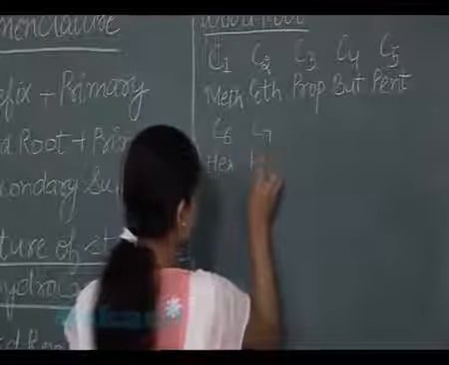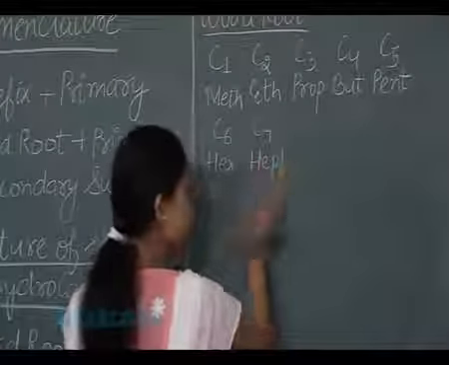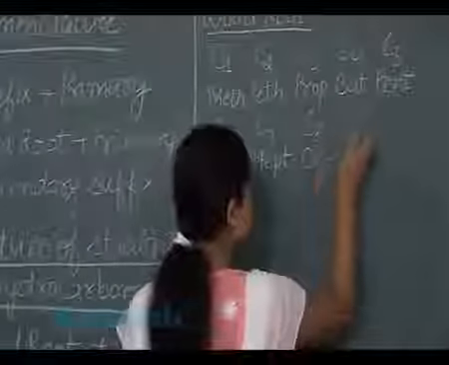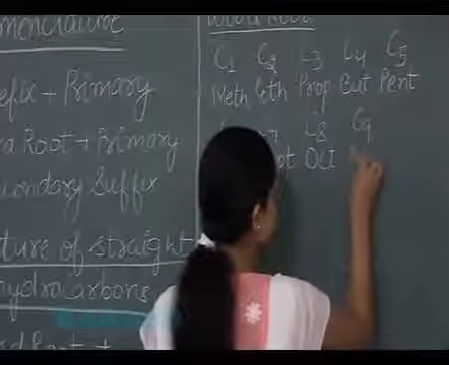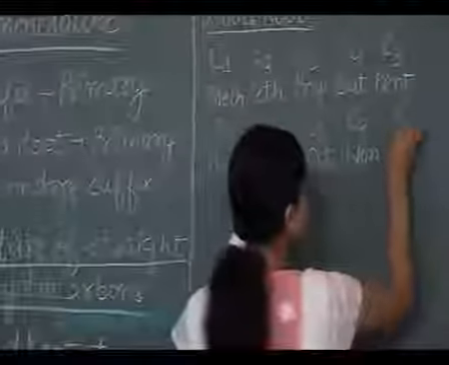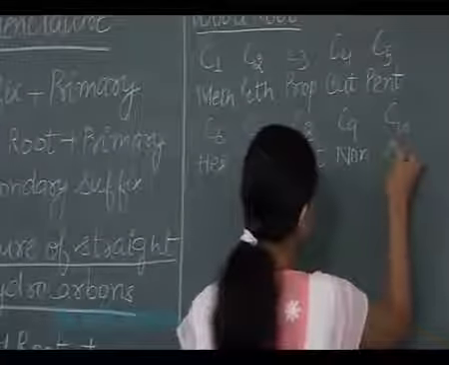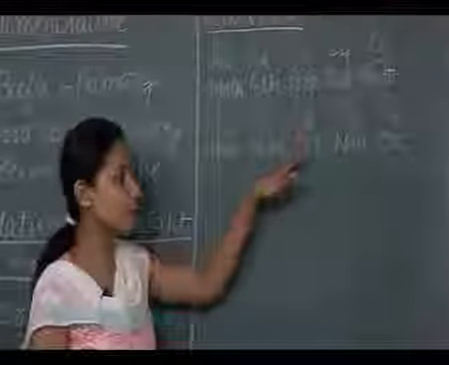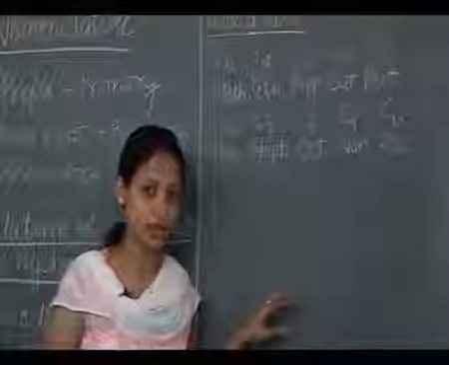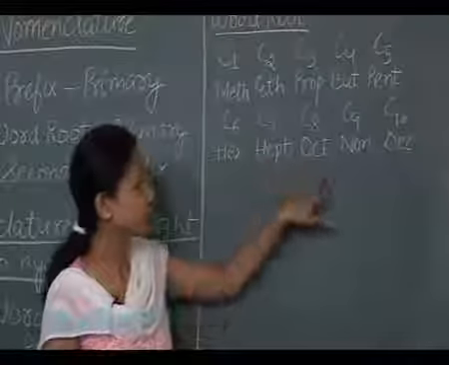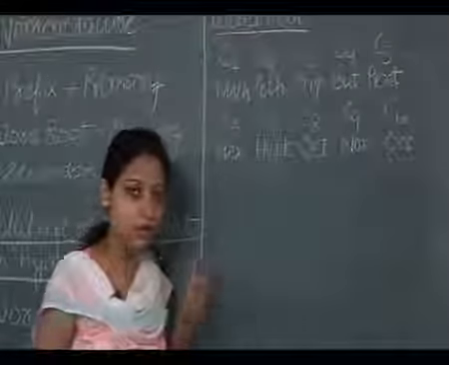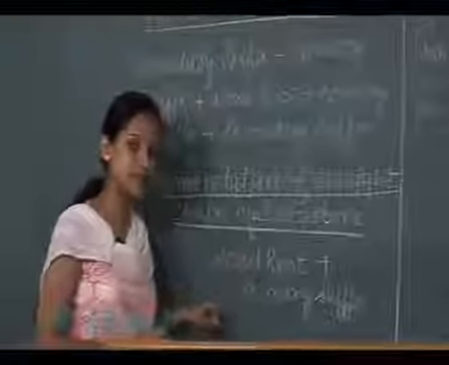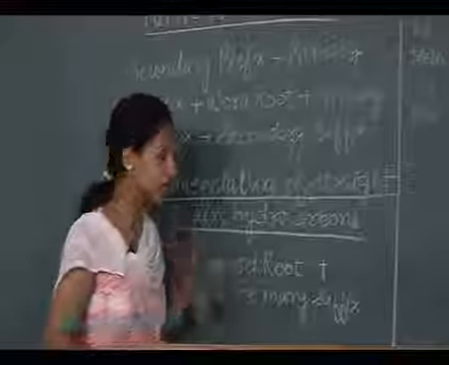C7 is denoted as hept, C8 oct, C9 by non, and C10 by dec. So students, these are the word roots for these numbers of carbon atoms. So this is the first point. All we require is word root, and second we require primary suffix.